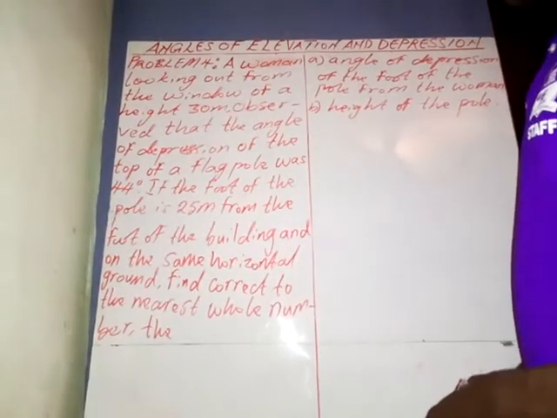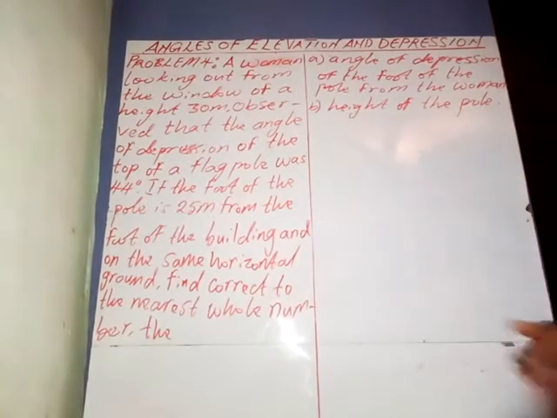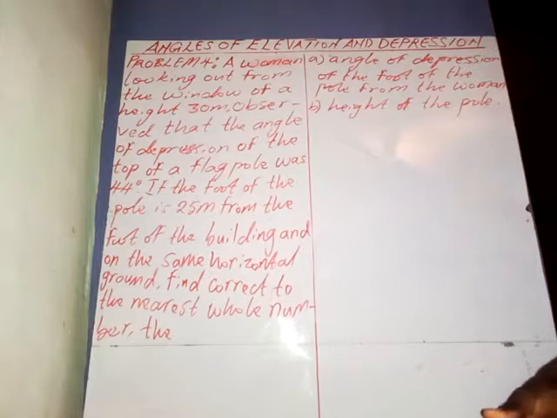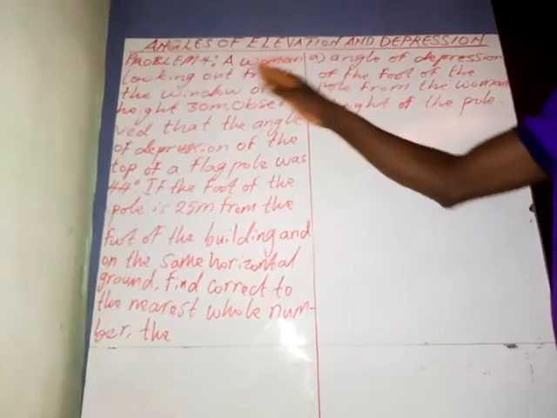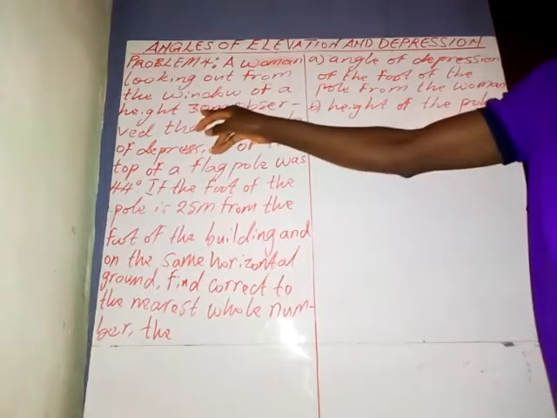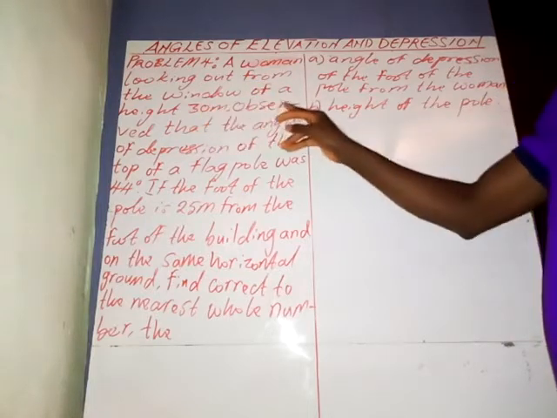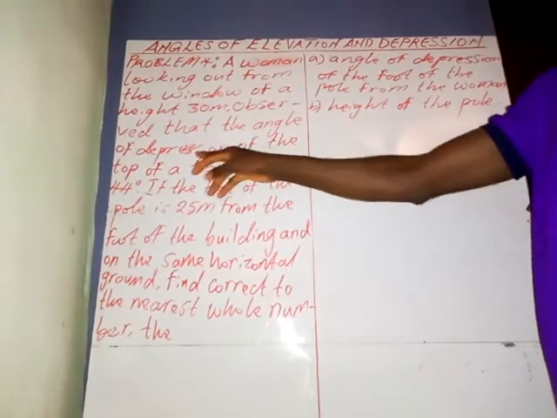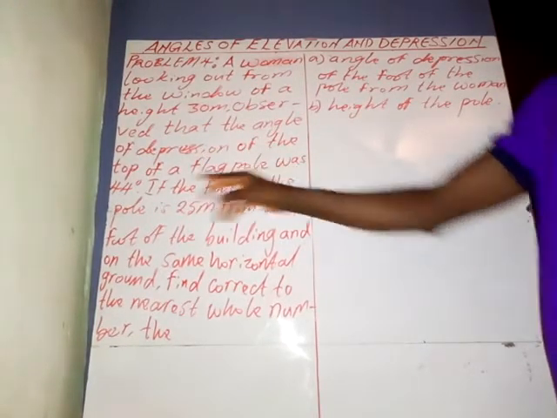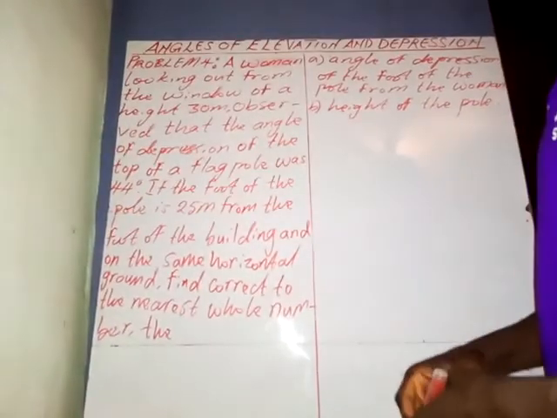Let's read the question for us to know what we are to do. The question says, a woman looking out from the window of a height 30 meters observed that the angle of depression of the top of a flagpole was 44 degrees.